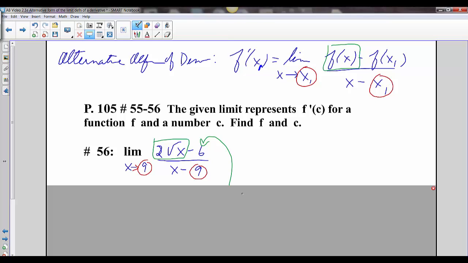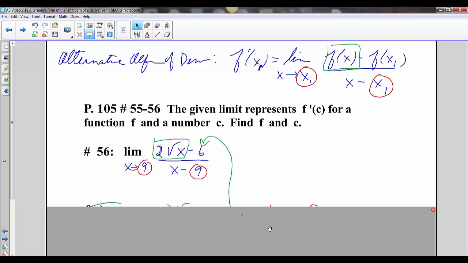So you're going to look at this expression and you're going to go, okay, well, obviously x1, which is here and here, has got to be 9, by pure substitution. And then your f of x is the first term of your numerator, and that f of x is 2 root x.